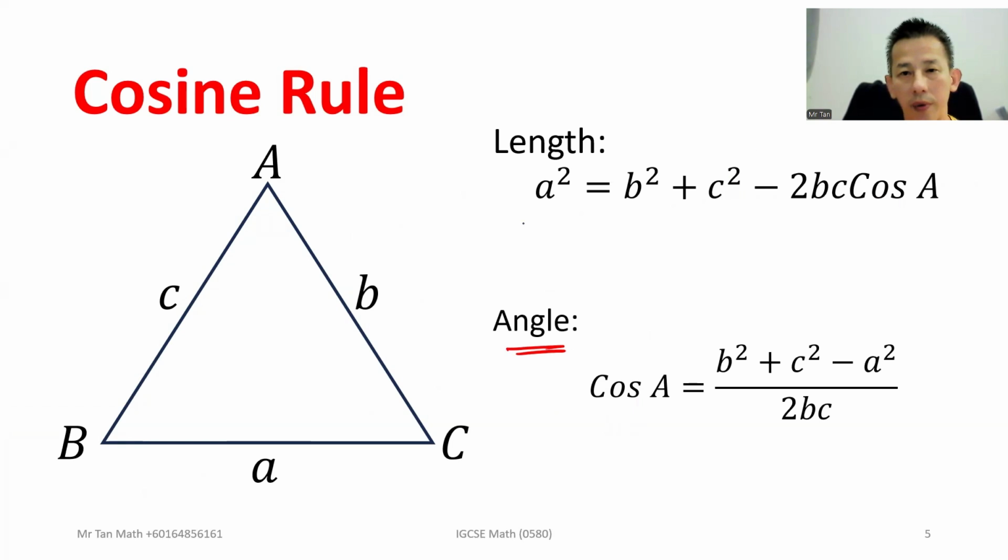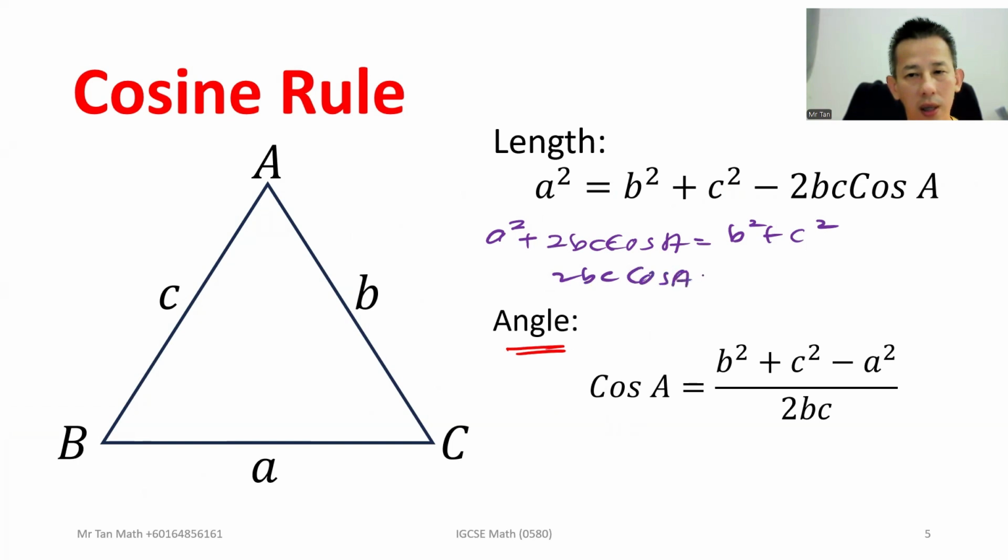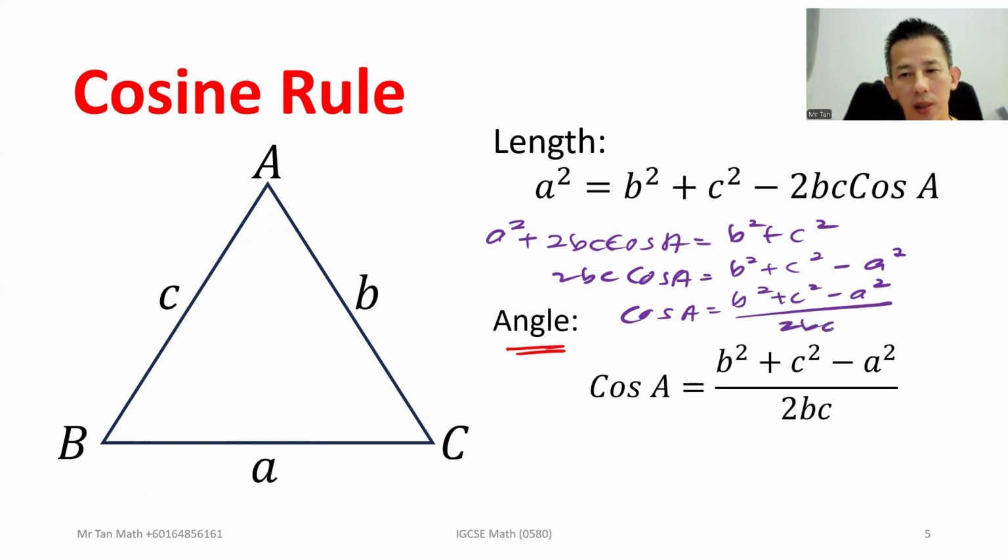So if you rearrange this, you get a squared plus 2bc cos A equal to b squared plus c squared. So 2bc cos A equal to b squared plus c squared minus a squared. So cos A equals b squared plus c squared minus a squared over 2bc.